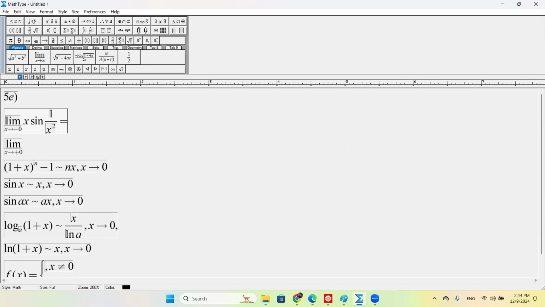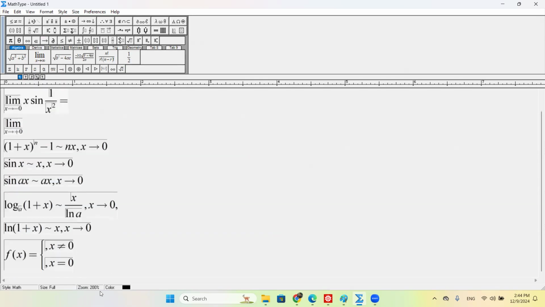It equals 1? If we substitute 0 here, it will be sine of plus infinity. How can we calculate it, by the way?